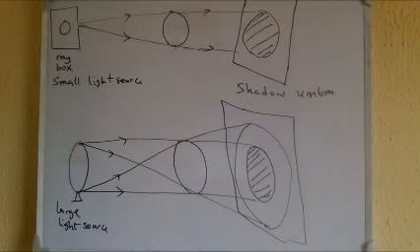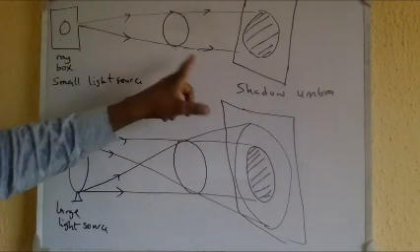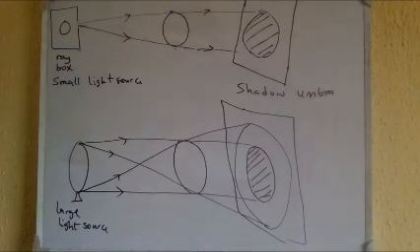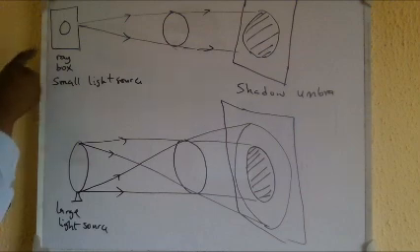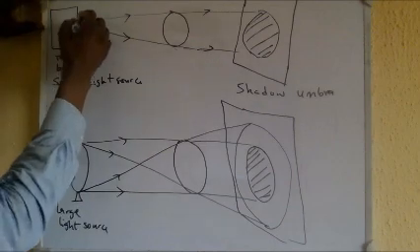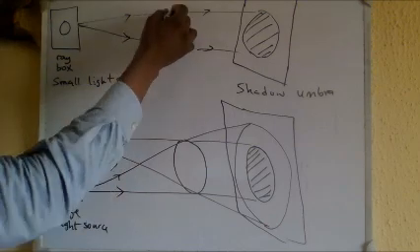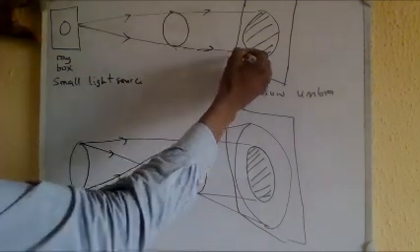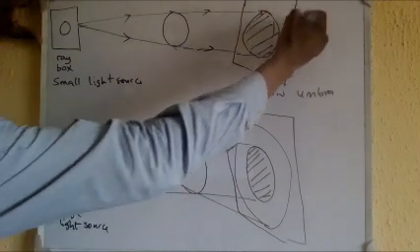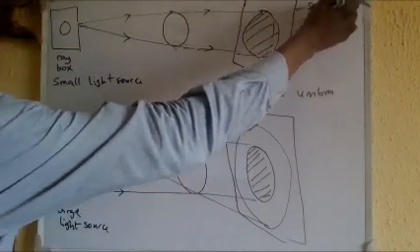I have a demonstration of the effects of rays on a body to form a shadow. If I have a ray box here giving me a small light source, incident rays coming from here will hit these objects top and bottom and form a shadow on this screen.